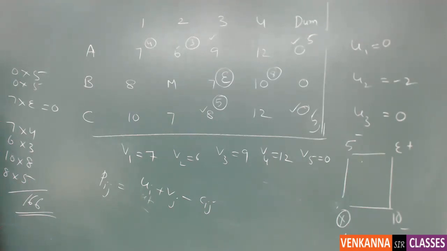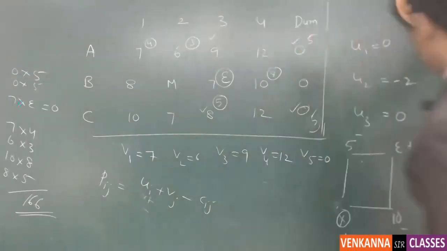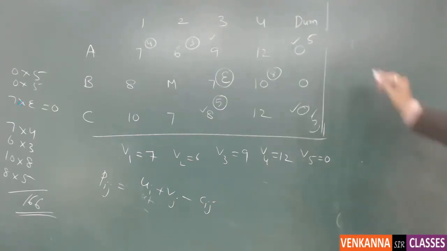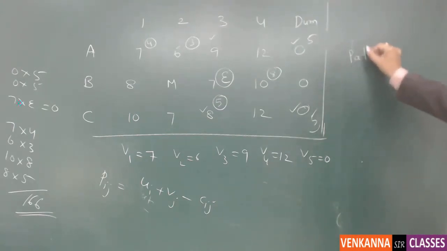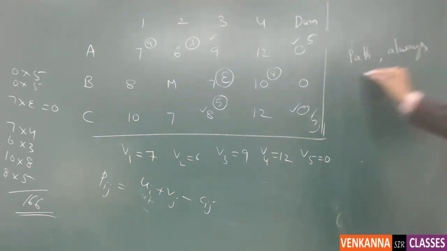Did any one of you have any other doubt here? How to allocate the route, that means the path. That's your doubt, right? Yeah. So if you want to go for a closed path, the fundamental concept here is that the closed path must always have an even number of cells.